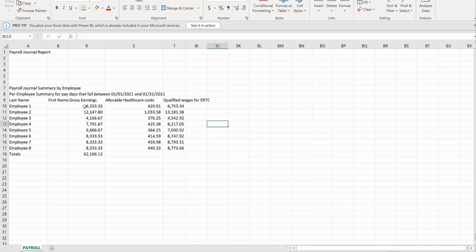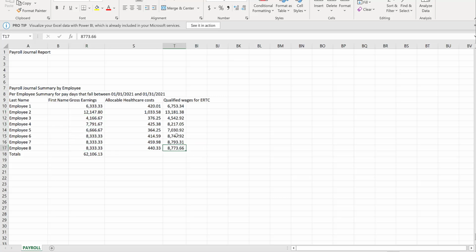All right, so again, this is a payroll report coming straight from Gusto. A lot of stuff has been trimmed out of here, but this is basically what we're looking at. So you can see that these employees are getting paid kind of high wages. So, $6,000 per month, $12,000 per month, $4,000, $7,000, and so on.